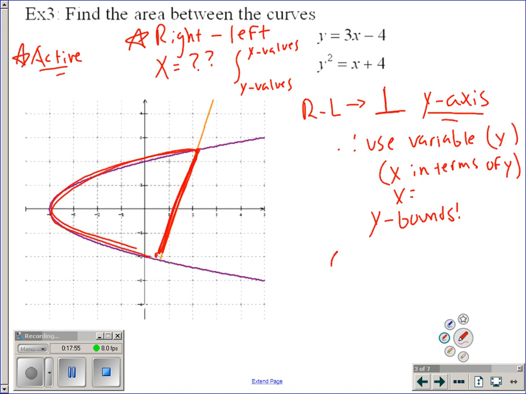So our integral is going to be from a to b, and these are going to be y values, of a right function minus a left function, and it's going to be dy instead of dx. Okay? So, let's go through with this.